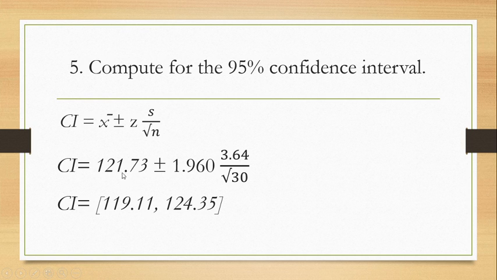So first we're going to solve for it. 121.73 minus 1.960 times 3.64 over square root of 30, and we will come up with 119.11. And for the second one, 121.73 plus 1.960 times 3.64 over square root of 30, and we'll come up with the answer of 124.35.